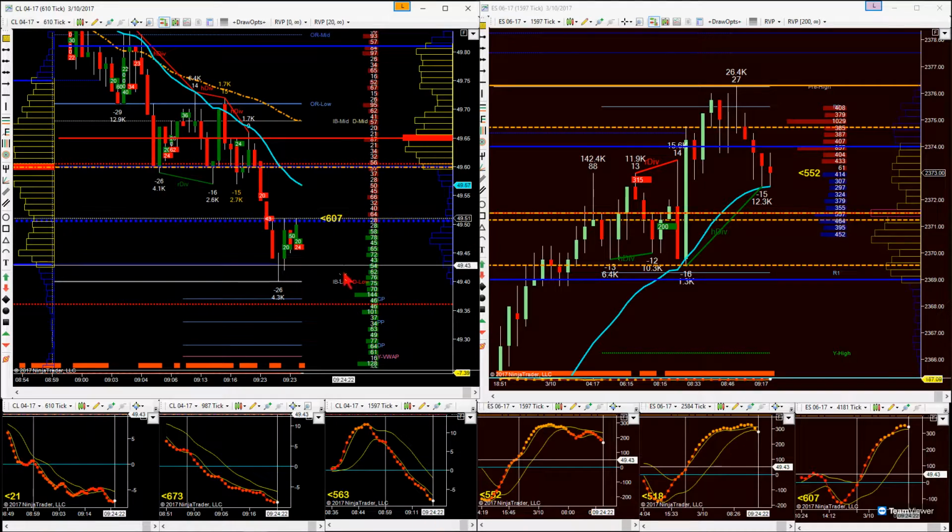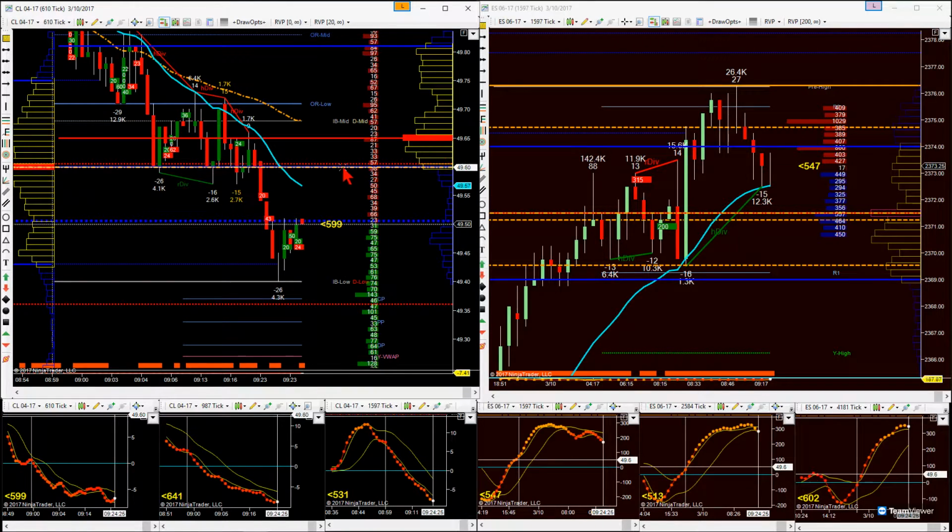So right now, these are the two extremes of the current range that we're going to watch: the 60 and 36.